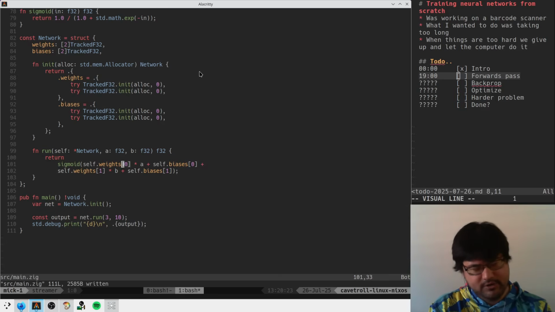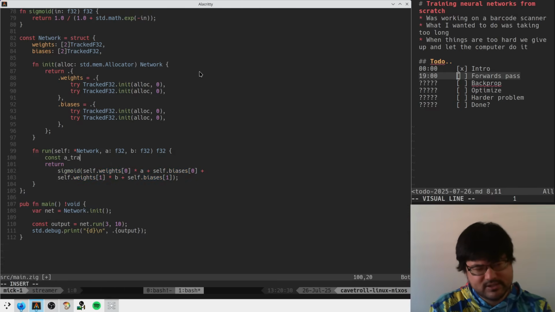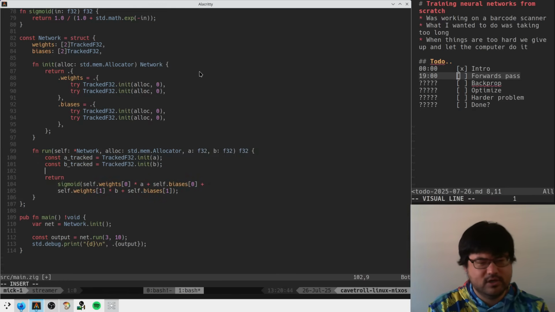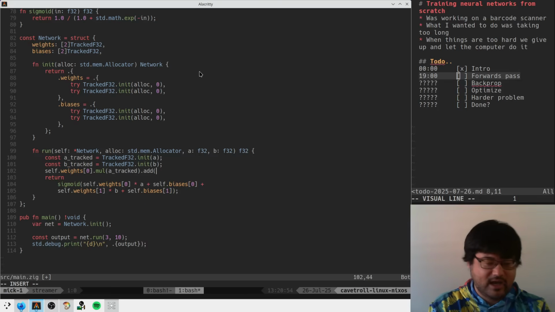Cool. And so now here, instead of doing this stuff, we are running the network here. So we need an allocator here as well. A is tracked F32 and B is tracked B. Okay. Then we can do self weights 0 mul A tract. Then we add to that number self biases 0.